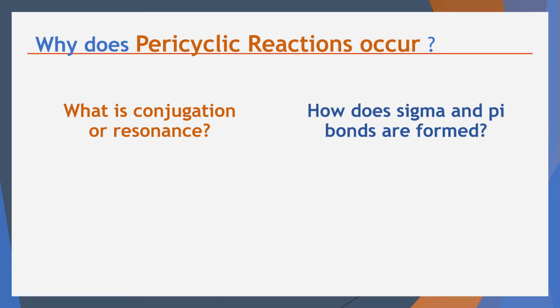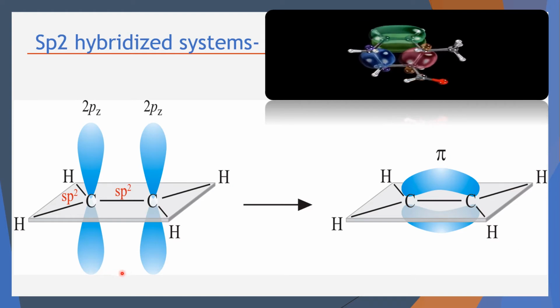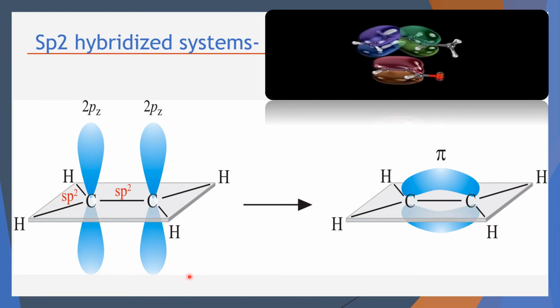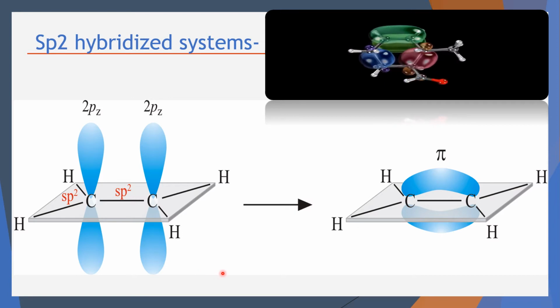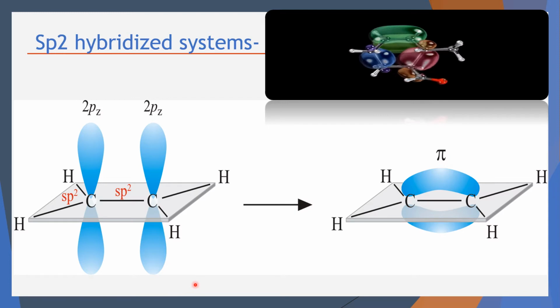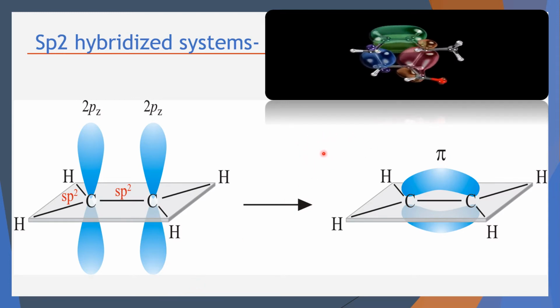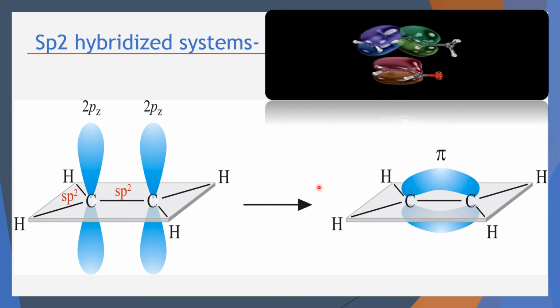To understand how and why pericyclic reactions occur, we need to understand conjugation and the formation of sigma bonds and pi bonds. In an sp2 hybridized system, one s and two p orbitals are hybridized, and one pz orbital is left unhybridized. The three sp2 hybridized orbitals are in one plane, the xy plane, and one pz orbital is along the z axis.